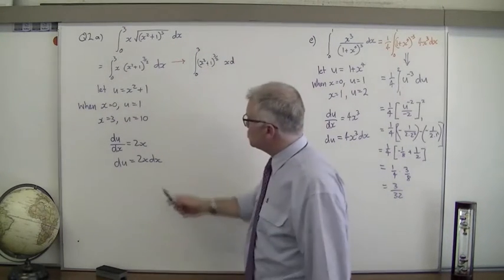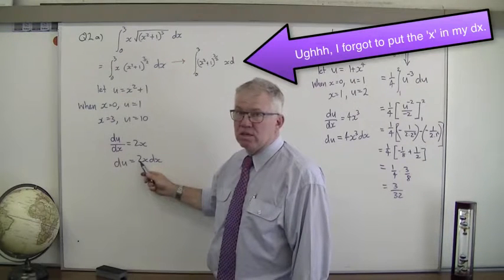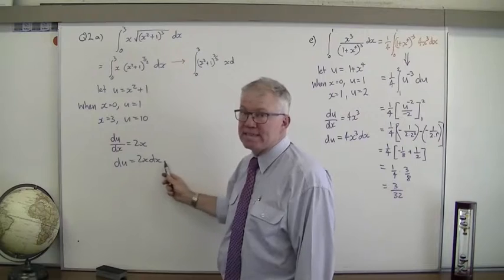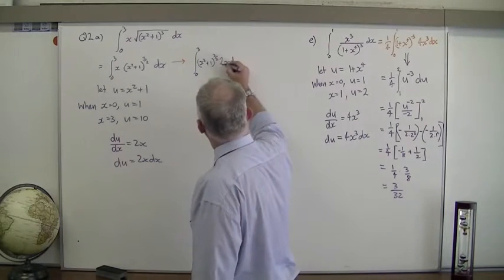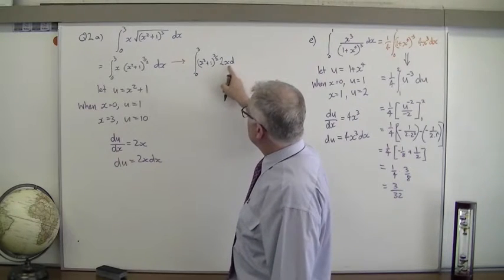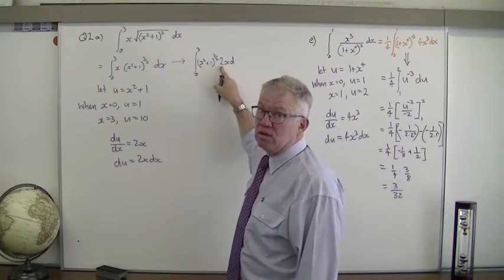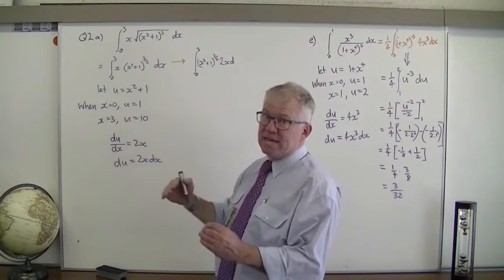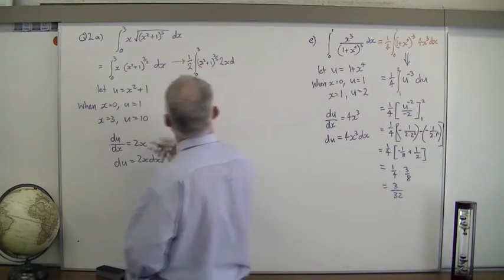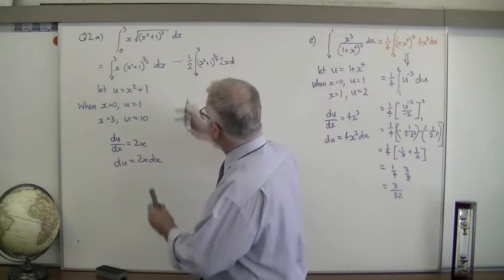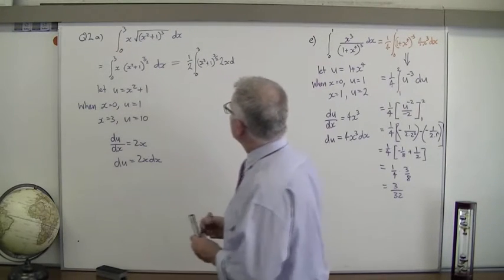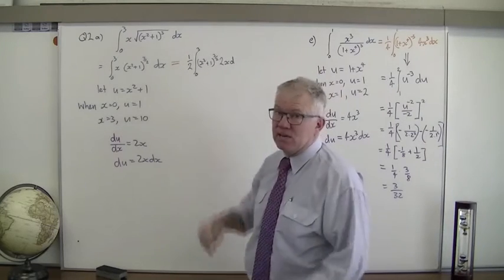But I want to put this 2 in there, so I've got this whole 2x dx expression. That changes all of this to be a factor of 2 bigger, and to bring it back down to size, I need to put a half out the front. And that should really be an equal sign. It's an equal sign, they're equal.